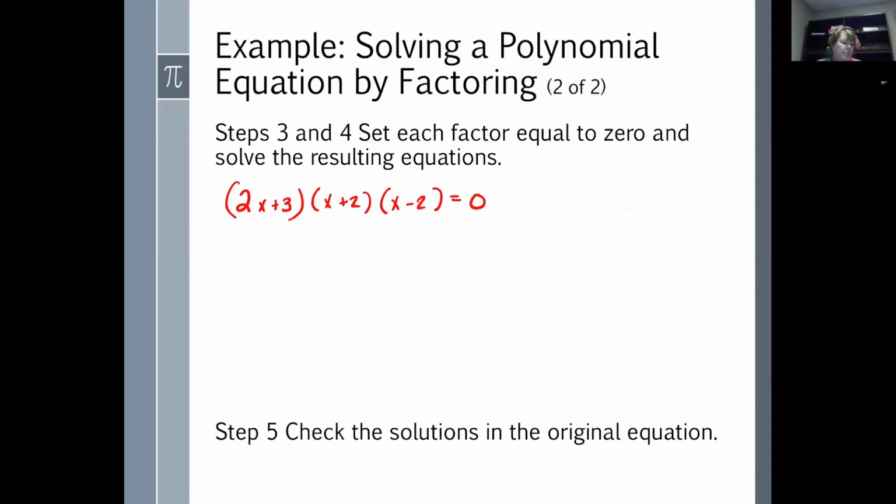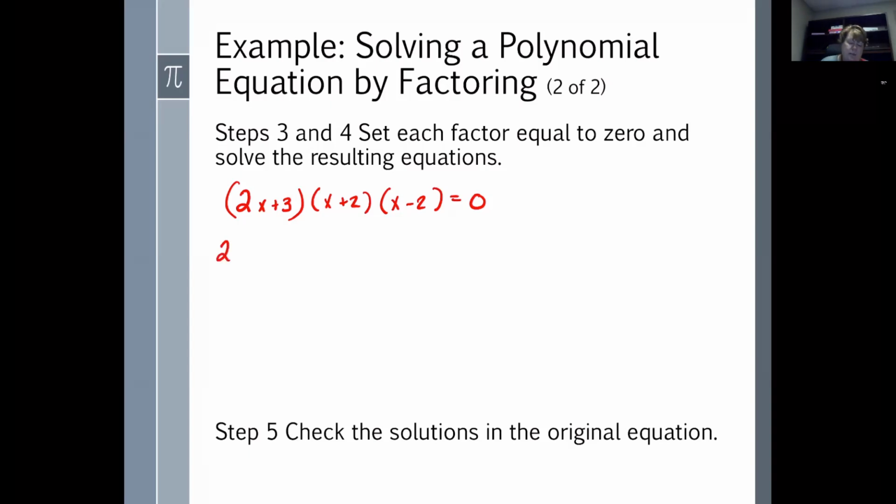Now the zero product principle says that if I have a product and that product is equal to the number 0, then one of the factors must be 0. So to solve this, I set each of these linear factors equal to 0.